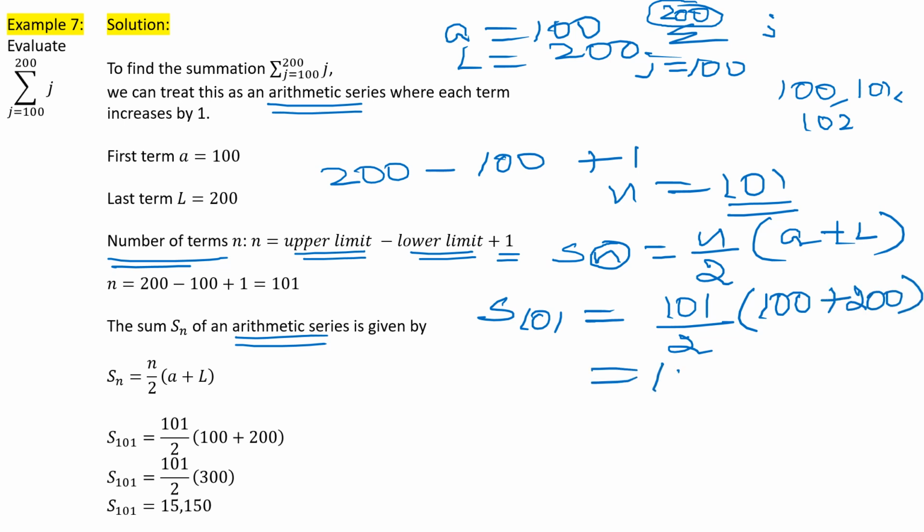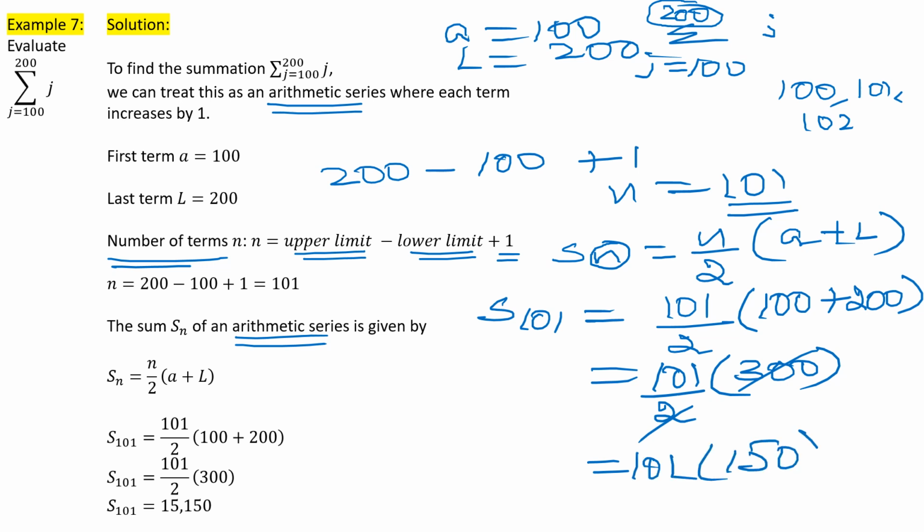So this is nothing but 101 divided by 2 times 100 plus 200, 300. If I cancel 2 and 300, you will get 150. If you multiply 101 with 150, you will get 15,150.